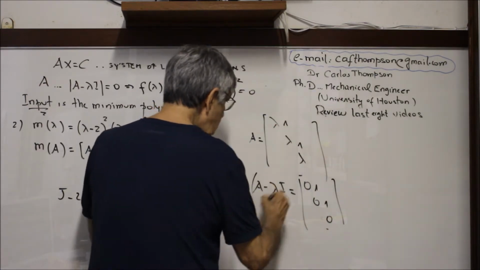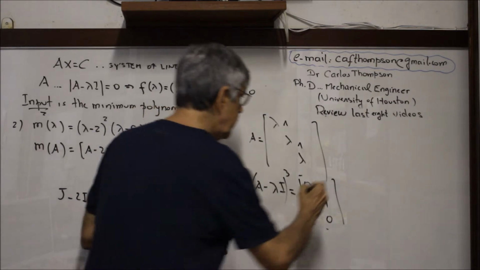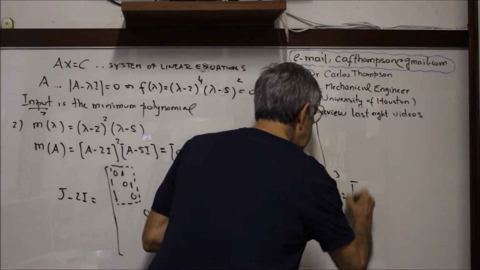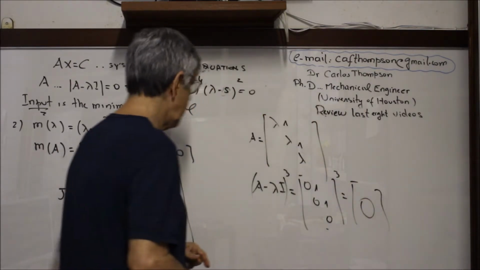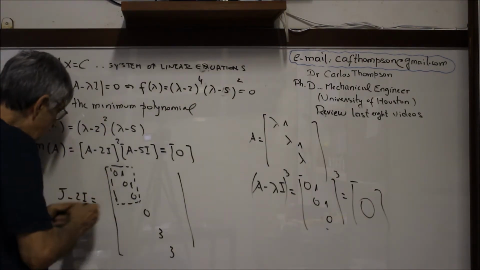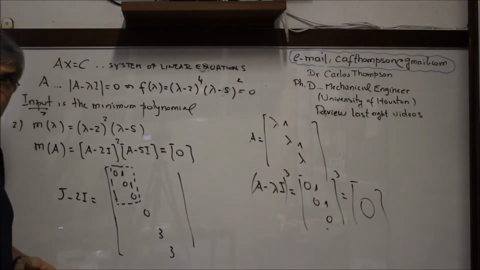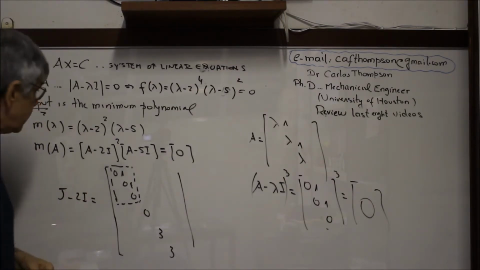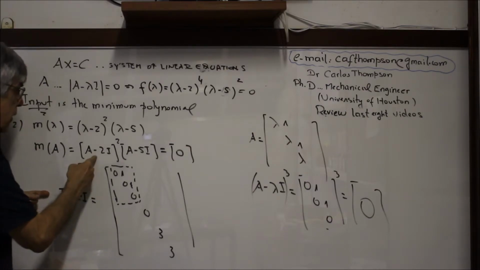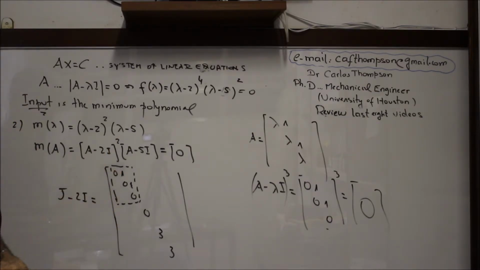Now, this block, to the power 3, is equal to 0. Now, to get 0 here, I have to have j minus 2i to the power 3. But j minus 2i is to the power 2. That's why I can't put 1 over there.